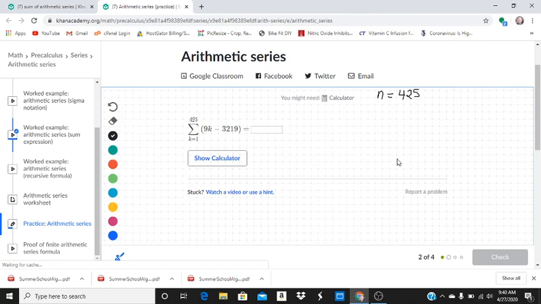We want to figure out the first term, a sub 1.